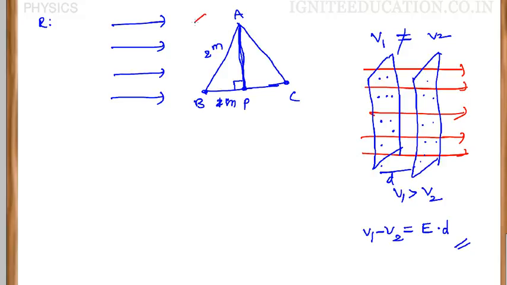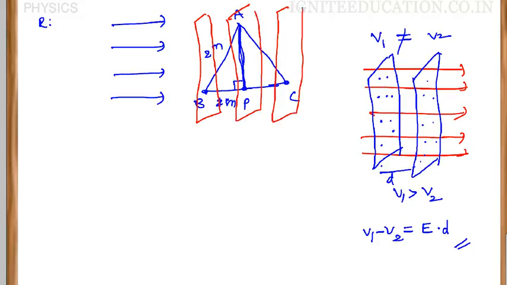Now here if we consider, B is in one plane like this, and P is in one plane like this, and C is in another plane like this, so each plane has its own potential like VB, VP and VC. Those are separated by some distance. Because it is an equilateral triangle, these three planes are parallel.